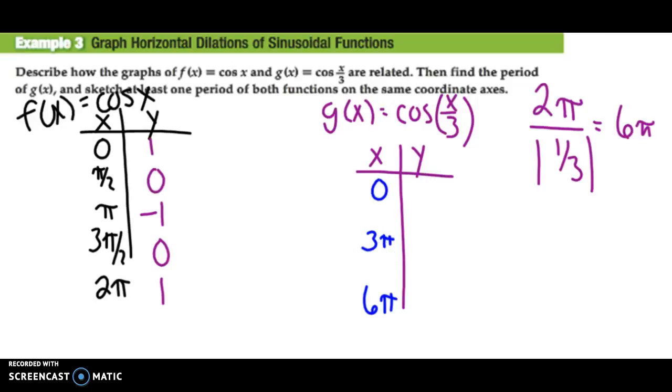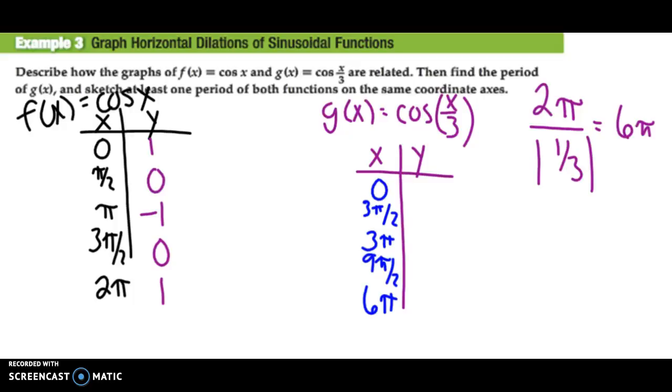And then the midpoint between 0 and 3 pi is going to be 3 pi over 2. And the midpoint between 3 pi and 6 pi is going to be 9 pi over 2. And if you're unsure of how I got that, refresh yourself on how to find the midpoint between two things. Add the values divided by 2.